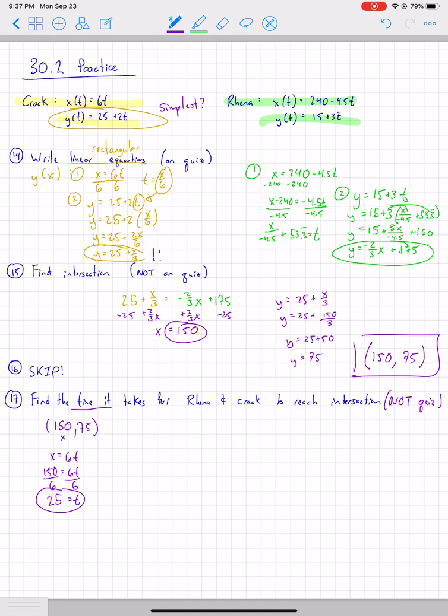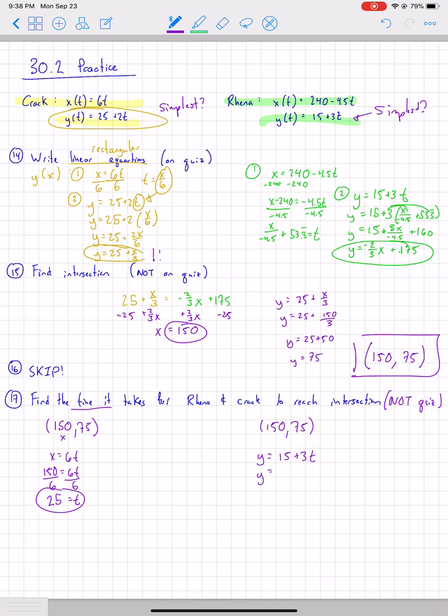If we now check for Reyna, which one is the simplest, I would probably go towards this one because it has smaller numbers and whole numbers. Again, our intersection point of the crack and Reyna is 150, 75. But now we're going to use the y value just because it hopefully will make our math a bit easier.